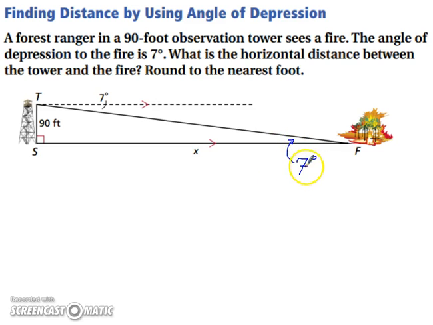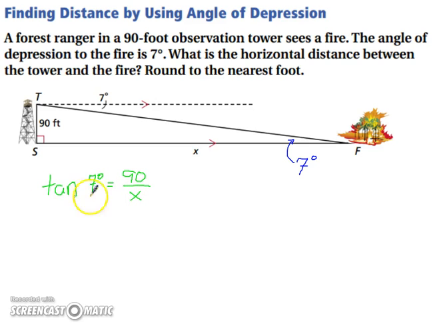Alright, so now we can utilize our 7 degrees, our 90 feet, and our unknown. In this case, we've got opposite and adjacent, so we will use tangent. So we have the tangent of 7 degrees equals our opposite over our adjacent.